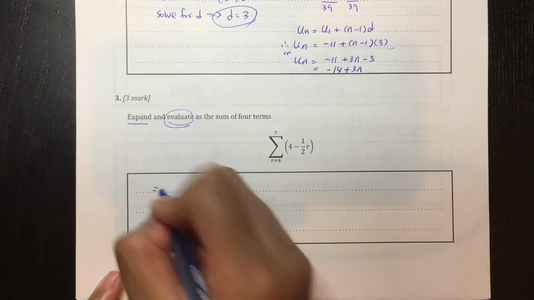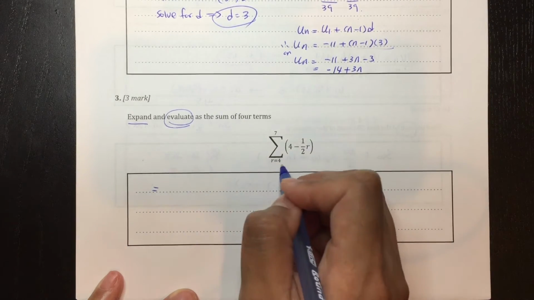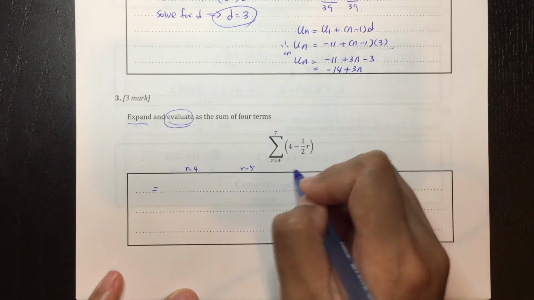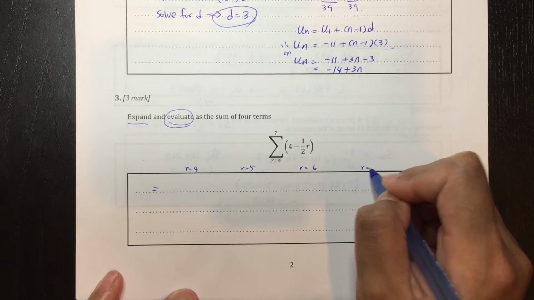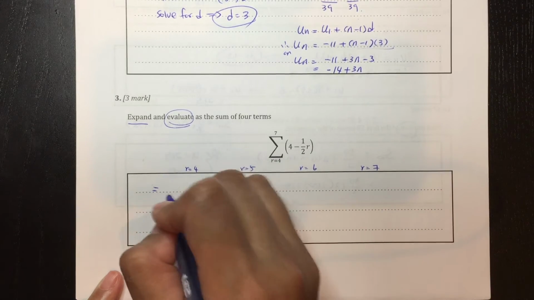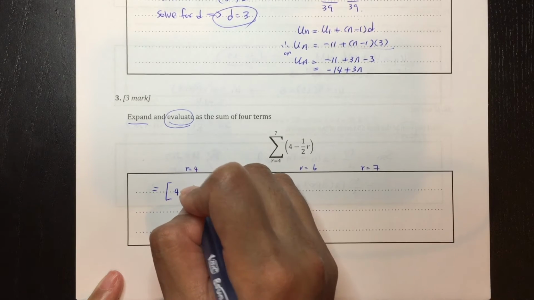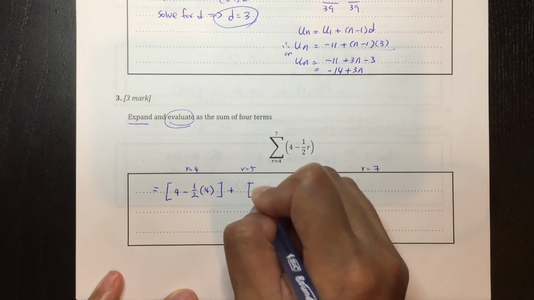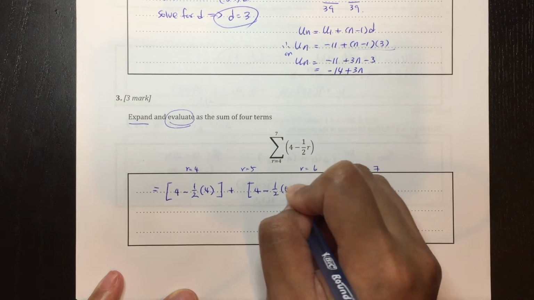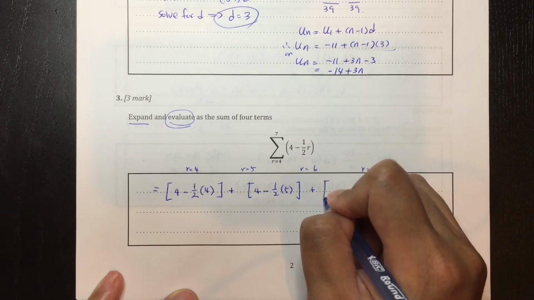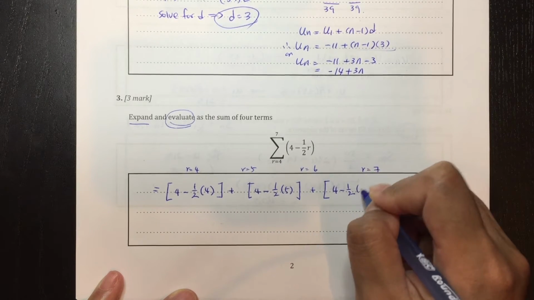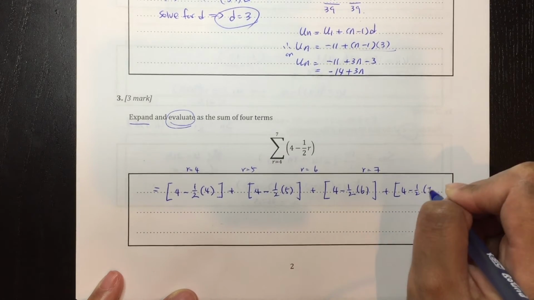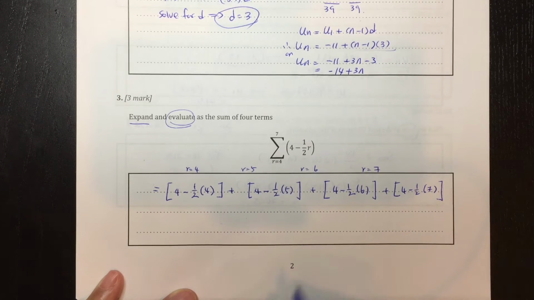We do know that the r values need to be 4, 5, 6, and 7. So we're going to say 4 minus 1 over 2 times 4 plus 4 minus 1 over 2 times 5 plus 4 minus 1 over 2 times 6 plus 4 minus 1 over 2 times 7.